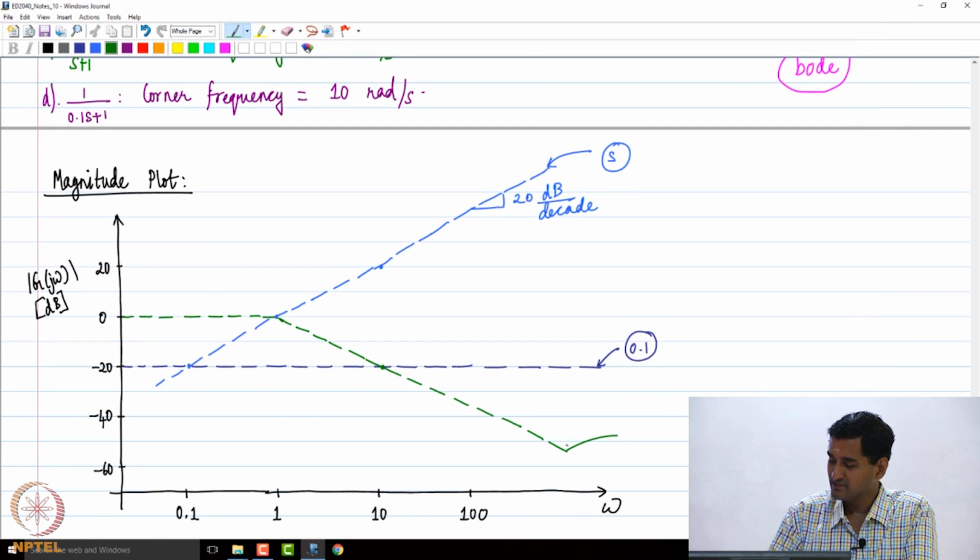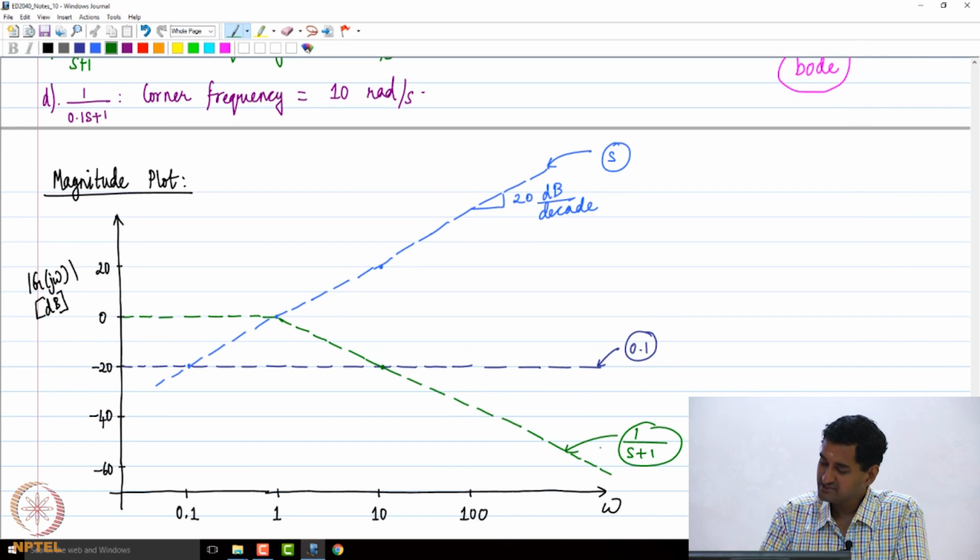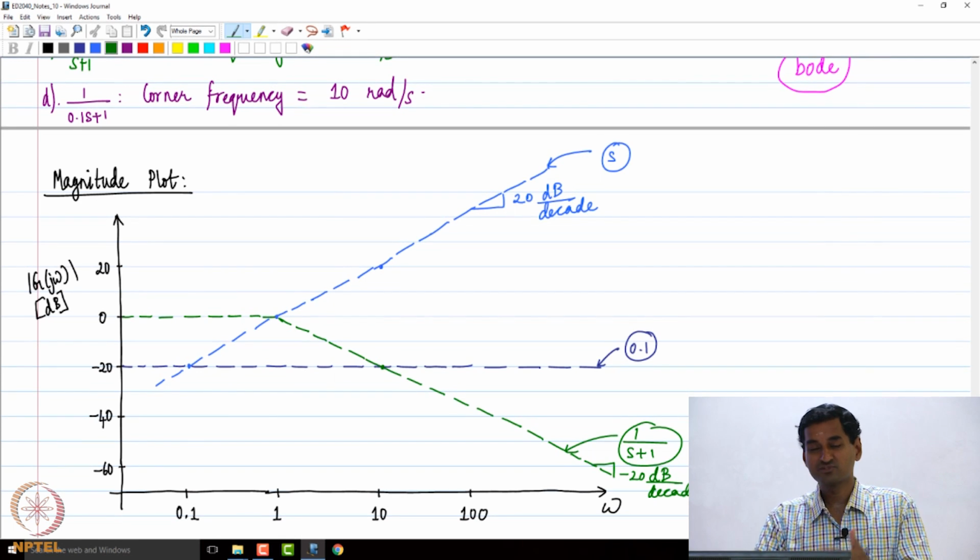So this is the Bode diagram for 1 divided by s plus 1. Of course, when you draw, you need to mark all the factors and also the slopes and other critical points, like what I am doing here. So I am also indicating the slope as minus 20 decibels per decade. So this is the third factor, 1 by s plus 1.